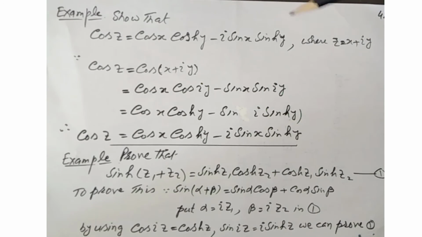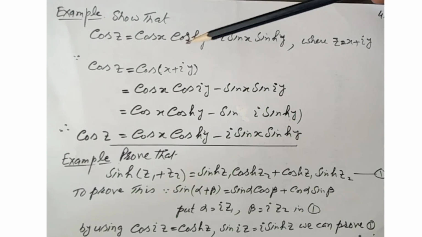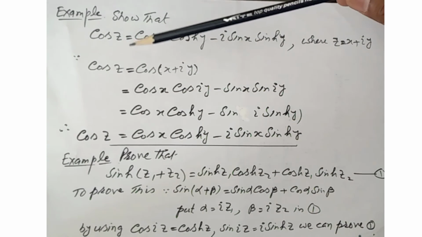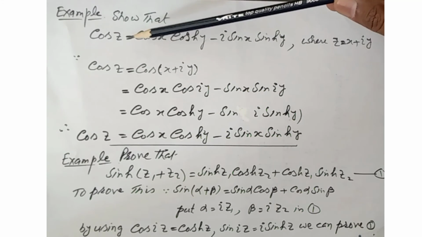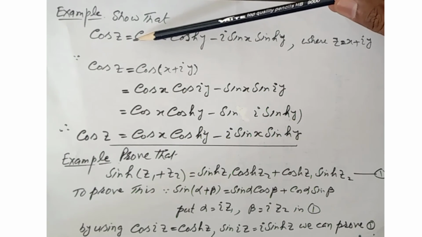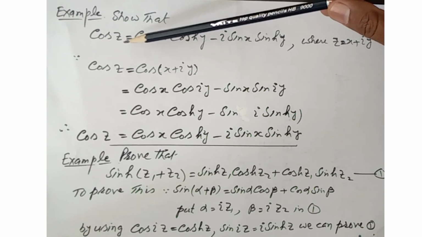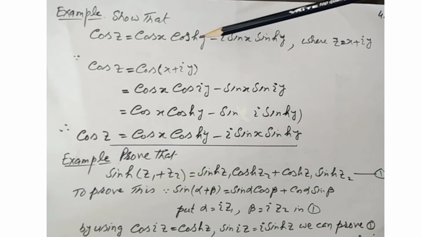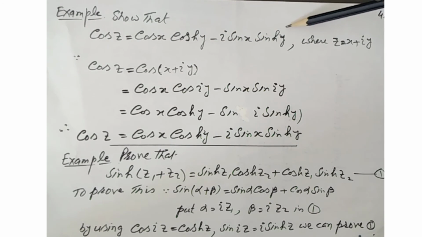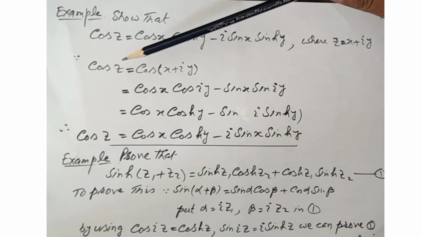Now we can prove another example, that is cos z can be written as cos x cos hyperbolic y minus iota sin x sin hyperbolic y, where z equal to x plus iota y.